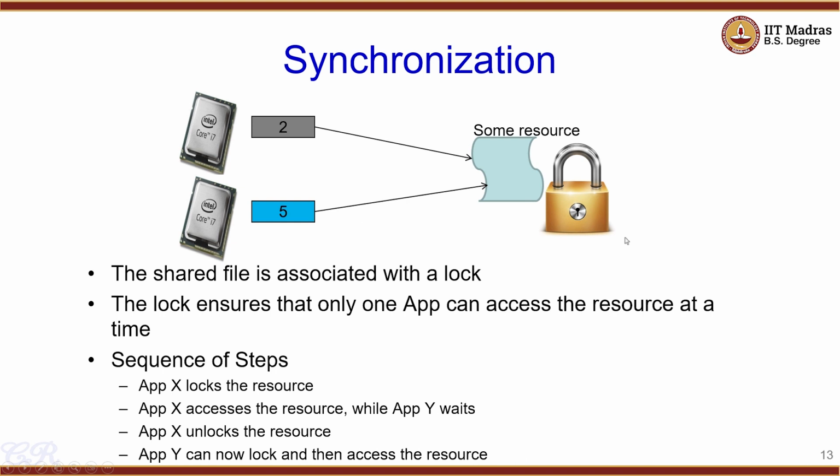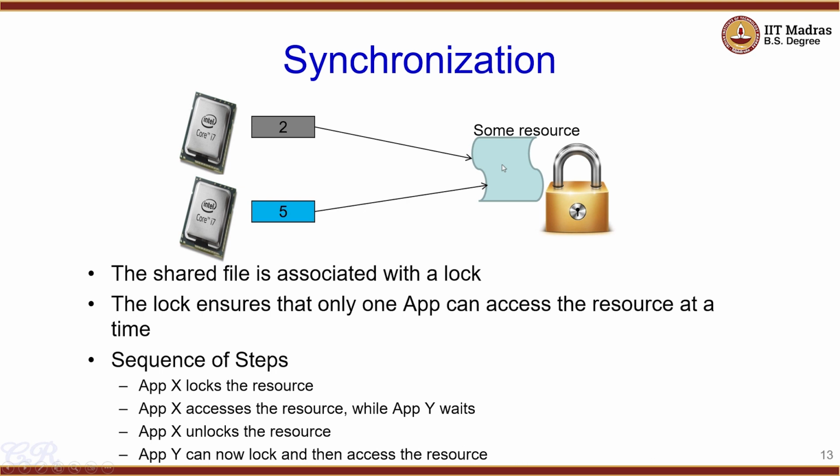When the lock is released by a step known as unlock, then application 5 could lock the resource and only then utilize the resource, and in our example could essentially perform the printing on the printer. In other words, what synchronization actually achieves is that at any given instant of time, there is only one application which can utilize this particular resource.